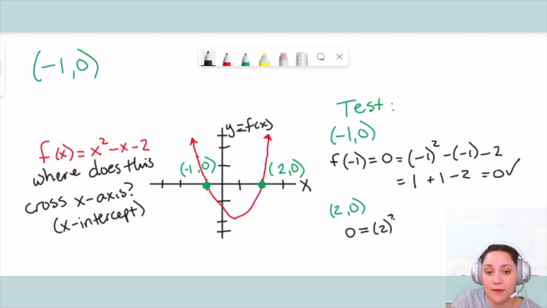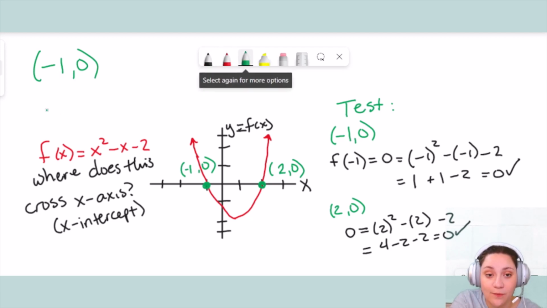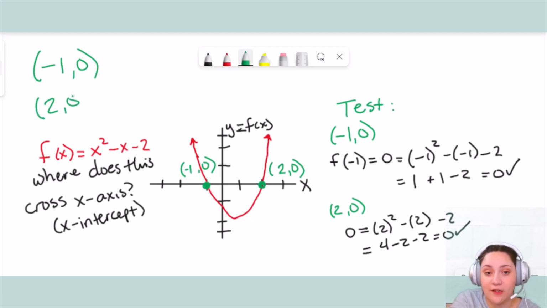So we should have 2 squared minus 2 minus 2. And that is equal to 4 minus 2 minus 2, and that is equal to 0 as well. So both of these points, my eyes did not deceive me. They are indeed where they cross the x-axis.